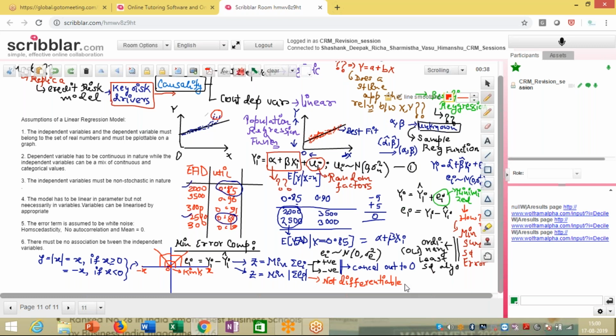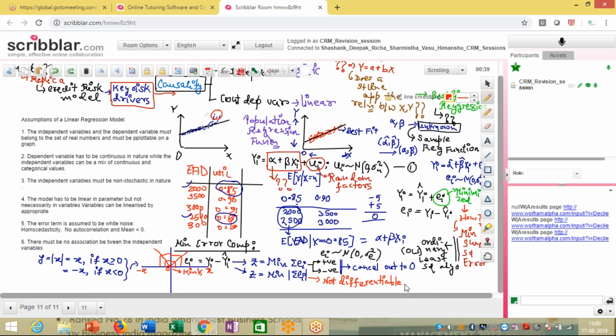So basically, because this function is not differentiable, you will not be able to calculate the functional form of the estimators which minimizes summation ei, right?